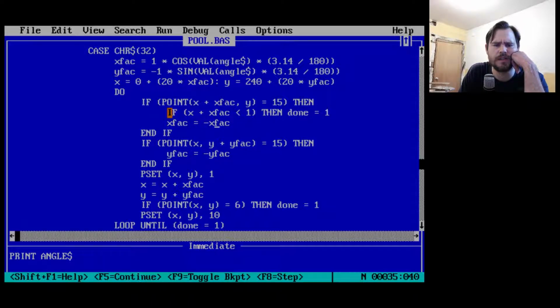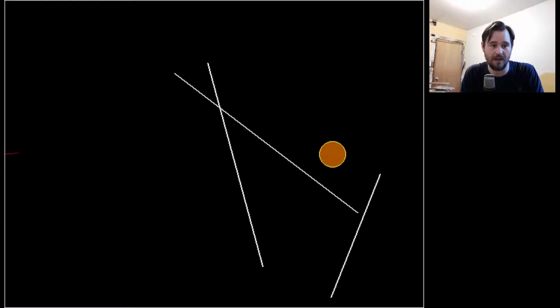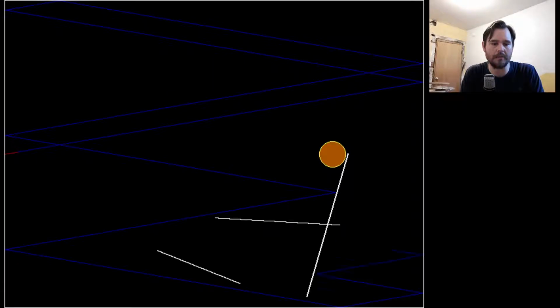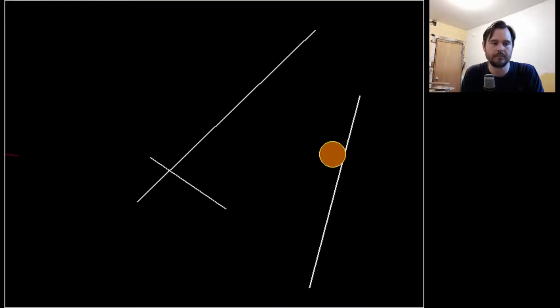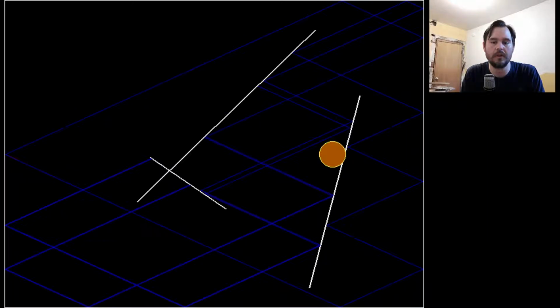This is curious. Why does this have a check here? What happens if I just get rid of it? I think I hit the... Oh, that's why. That's cool. Whoa.